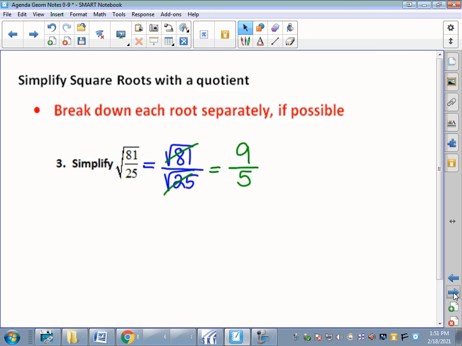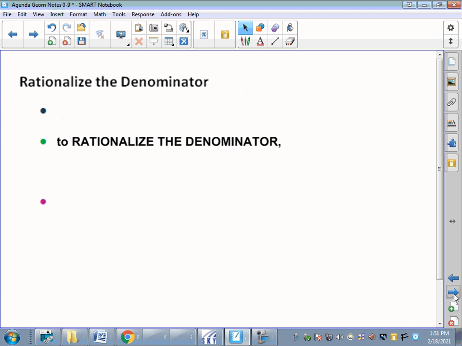Sometimes that denominator is not always a nice, perfect square root of 25. Maybe it's a square root of 30. Then we need to go on to this next thing that is rationalizing the denominator. So first of all, please note that this is the denominator. Nobody likes a fraction, I know, but even worse than that is if you have a square root in the denominator.